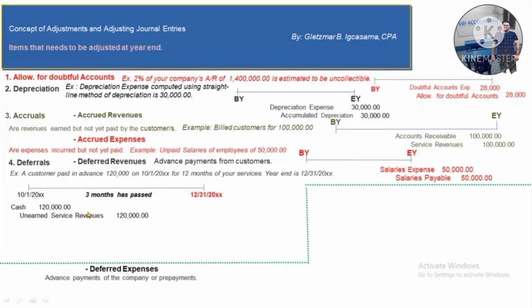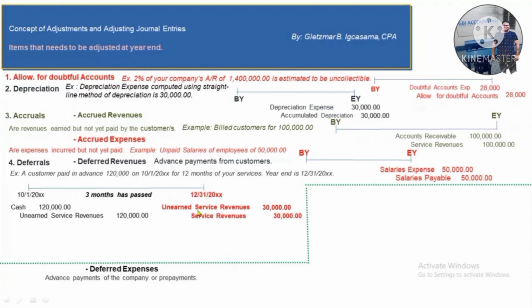So our liability or unearned service revenue at 12/31/20XX should only be 90,000. So the adjusting entry should be debit unearned service revenues of 30,000 to deduct our liability by 30,000 and credit service revenues of 30,000 because again, we already earned the 30,000.